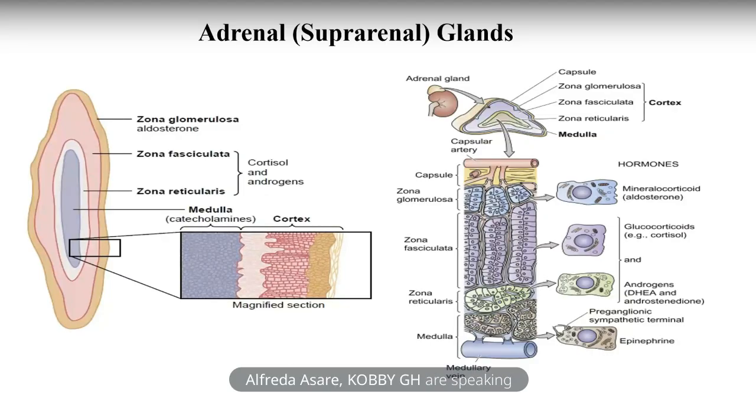So if you are reading the textbook and you see adrenal hormones, they are talking about all the hormones, including the ones produced by the medulla. But if you see cortical hormones, they are talking about the adrenal cortex alone: the mineralocorticoids, the glucocorticoids, and the sex hormones.